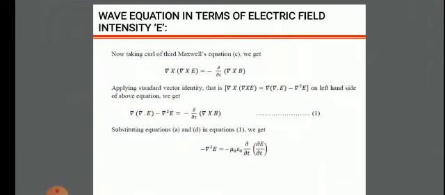Wave equation in terms of electric field intensity E. We know Maxwell's third equation, curl E is equal to minus dou B by dou t.